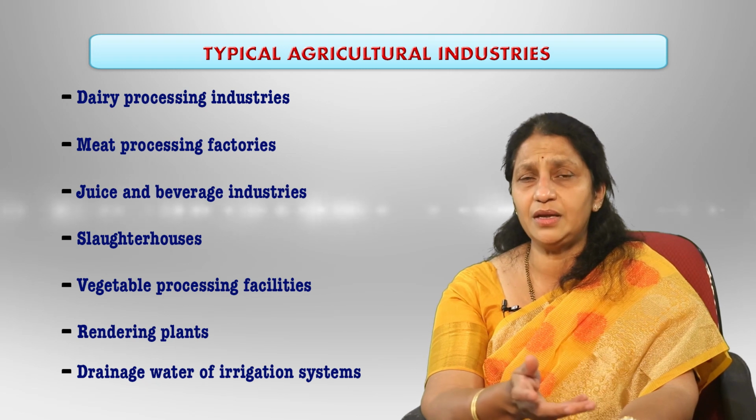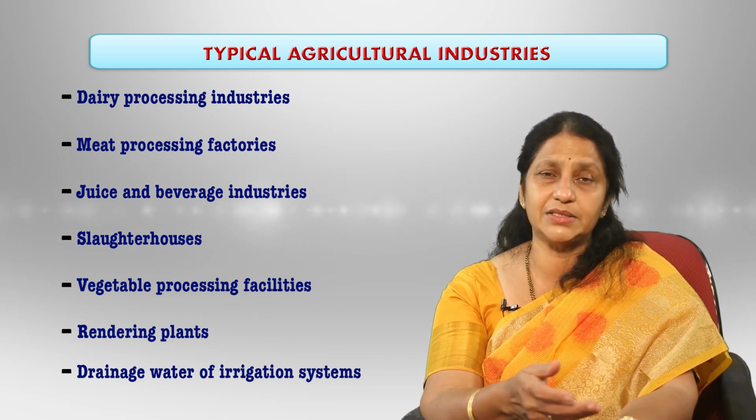So there are so many industries as well as agricultural activities. It is necessary to treat this wastewater before releasing it into the environment. That is the most important concern of human beings.